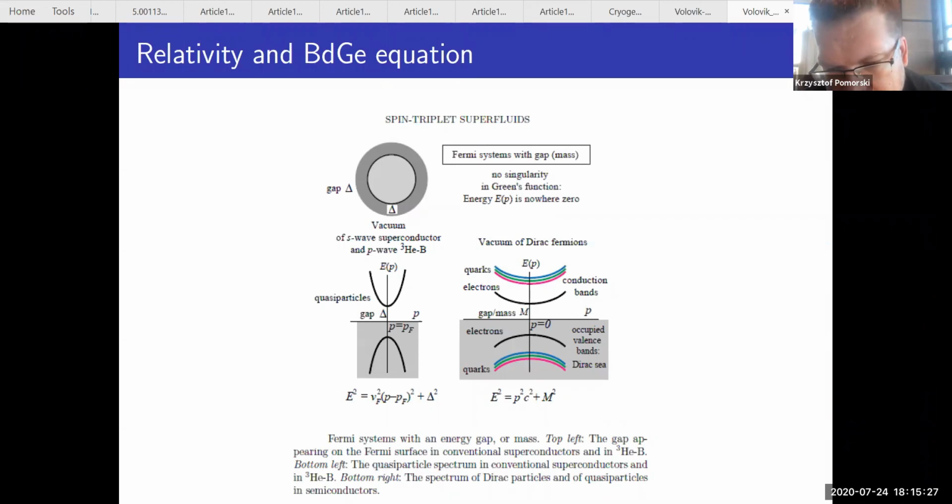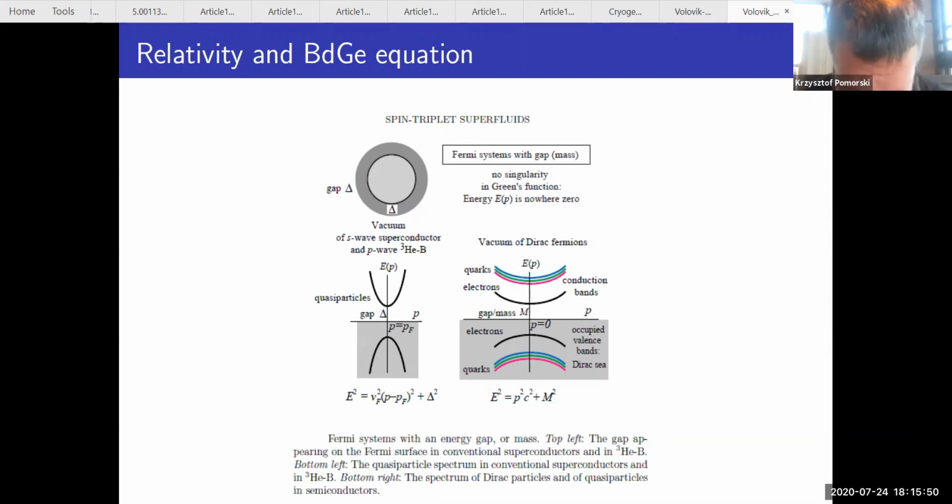So there is the superconducting order gap delta square, and this plays the role of mass in special relativity by Einstein, right?